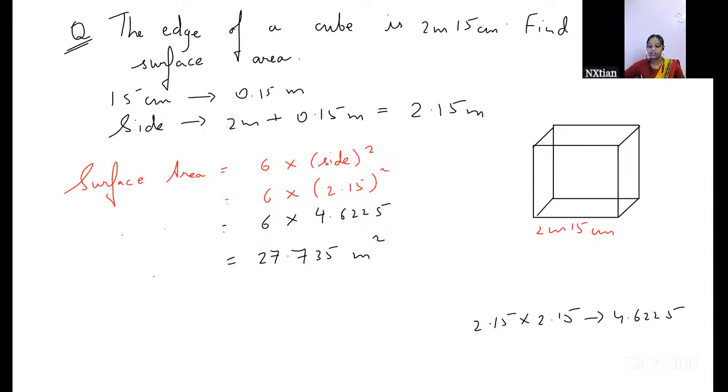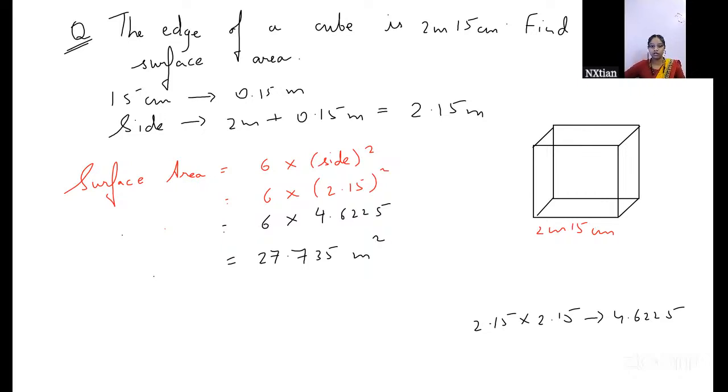We started with the surface area of cube. Hope you understood this question. The formula to find the surface area of cube we use is 6 into side square. To calculate the area of a square, we do side square, and a cube is made up of 6 squares.